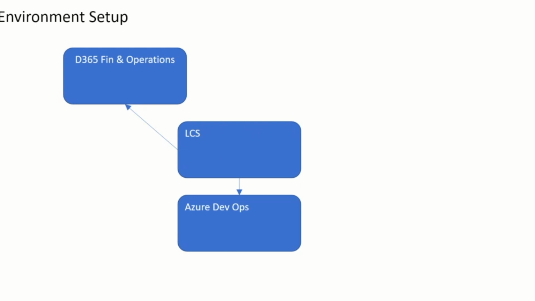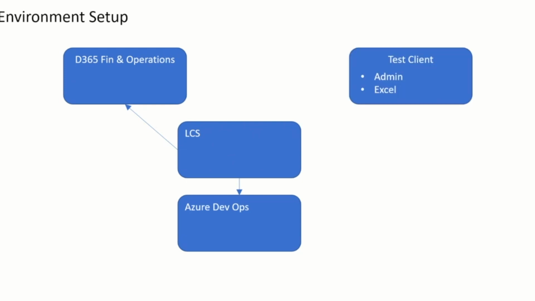That deployment will also make sure that there is a link between the Dynamics 365 finance and operations environment and LCS. The last component we need to connect to those 3 components now is a machine that we will be using for running our tests. The test client can actually be any Windows 10 machine, or could be a Windows Server architecture. You could, for instance, just for starting initial tests, use your laptop or personal PC.